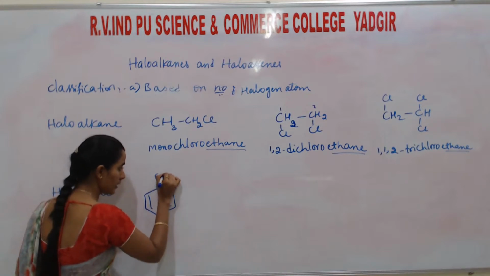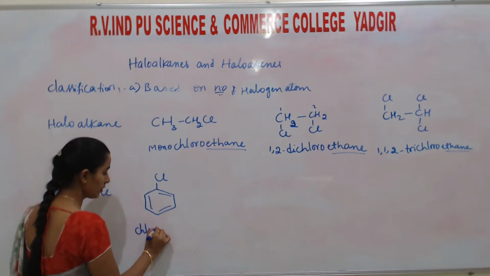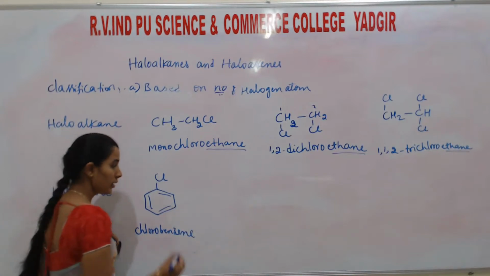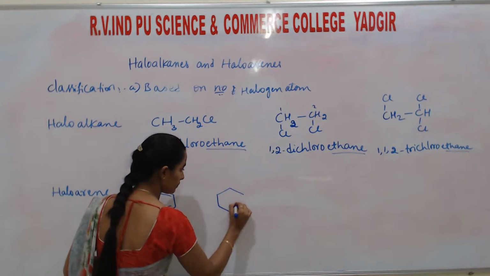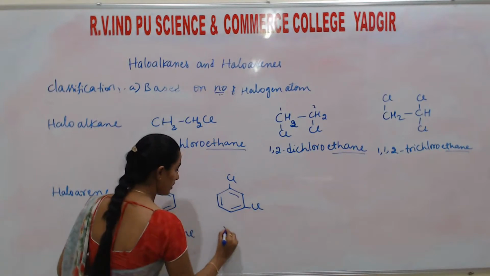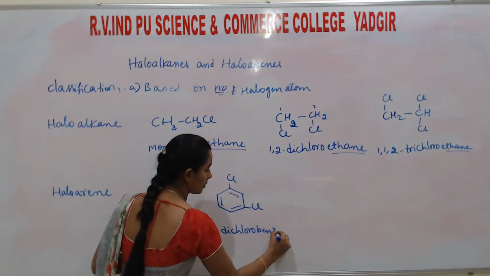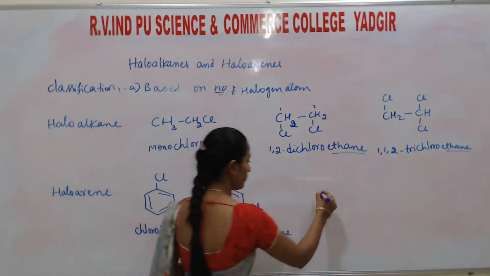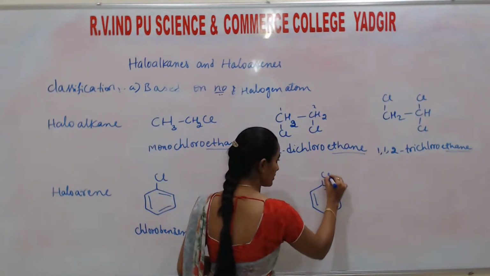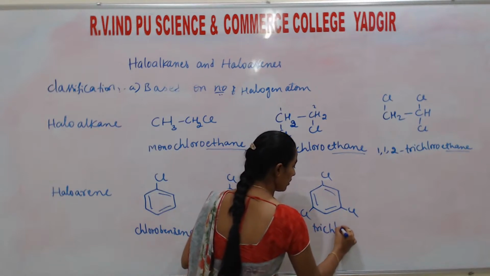okay, here Cl is there, then this is chlorobenzene. Okay, if to the same benzene ring 2 halogen atoms are attached, then this is dichlorobenzene. Okay, if to this same ring 3 halogen atoms are attached, like Cl, Cl, Cl, then it is trichlorobenzene.